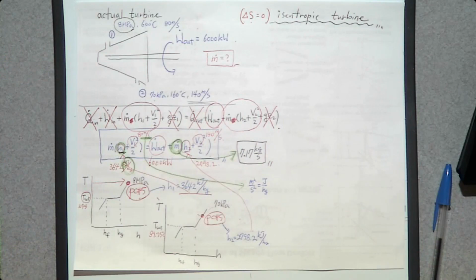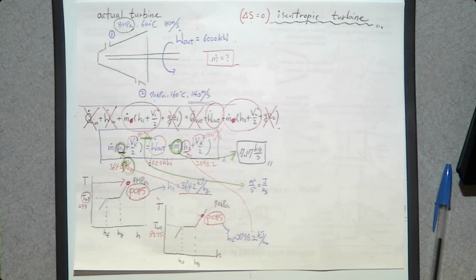Then, if you want an isentropic efficiency, we expect an isentropic turbine will produce more power than 6,000. That means some of these values may not be true in the isentropic turbine. Make sense?